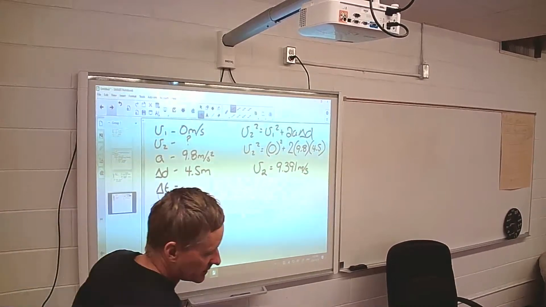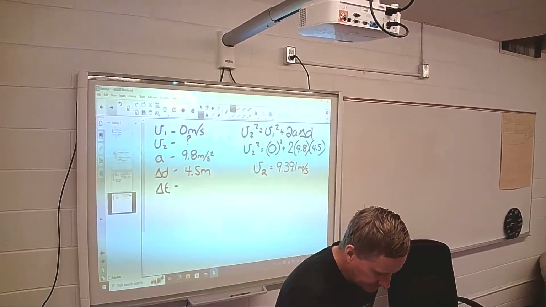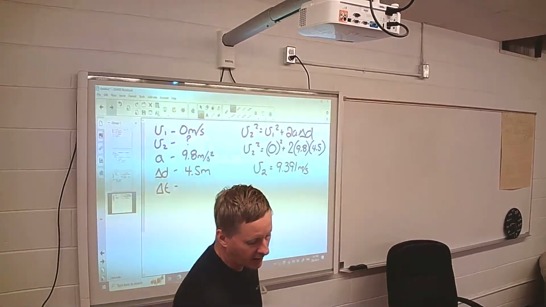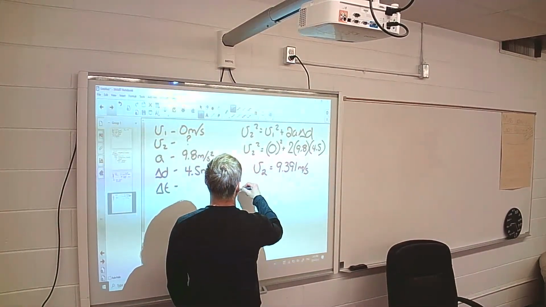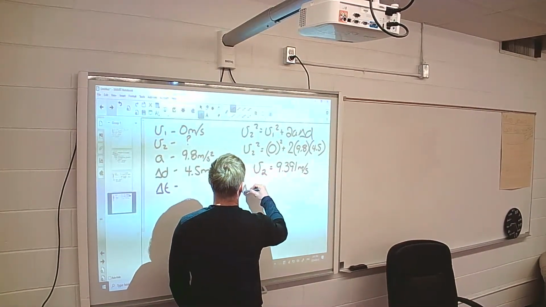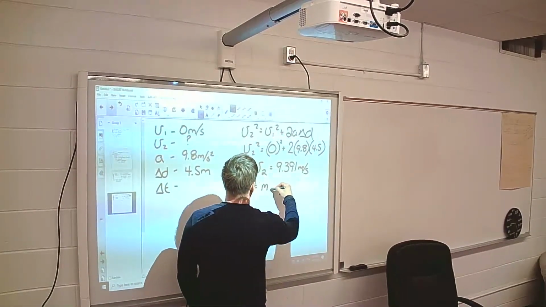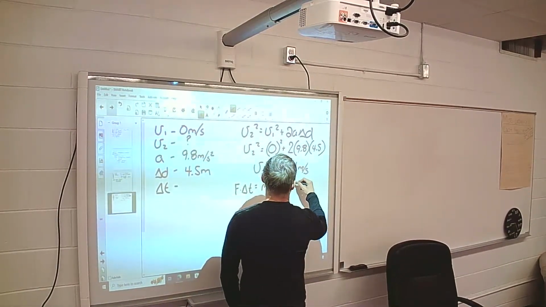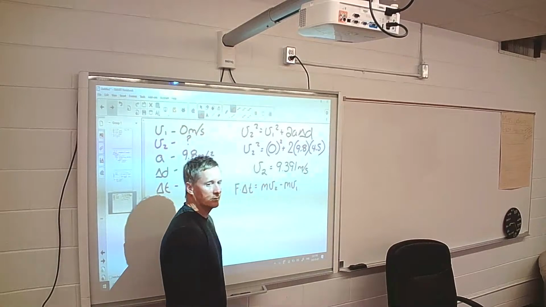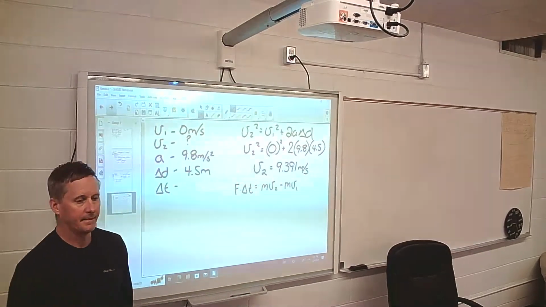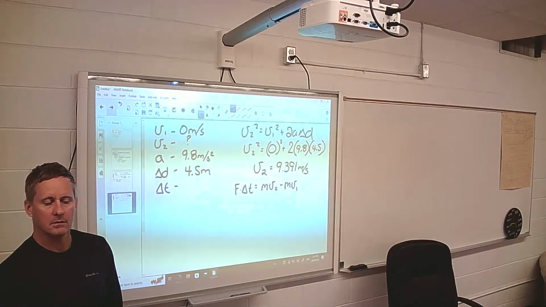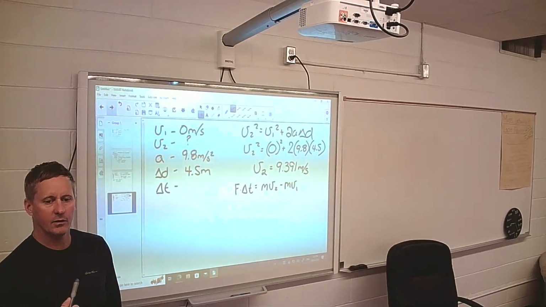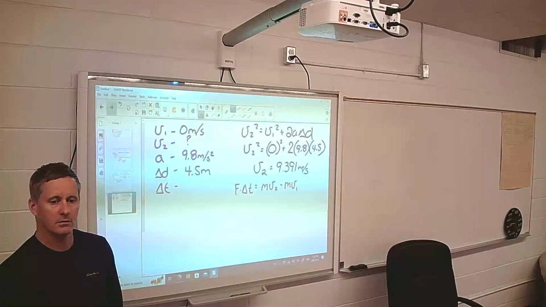Okay, so the question says, what is the impulse of the ground on the jumper? So impulse, force times time, is equal to mv2 minus mv1. Well, what's my v2 in this case now? I've hit the ground, and then what happens to me? You stop. I stop. So what's my v2? Zero.